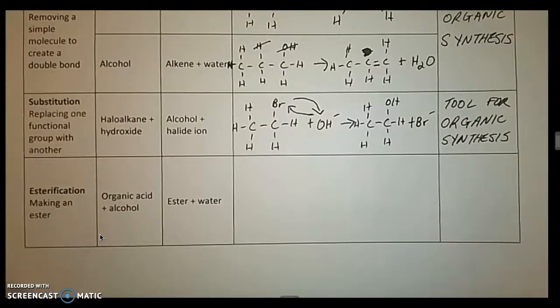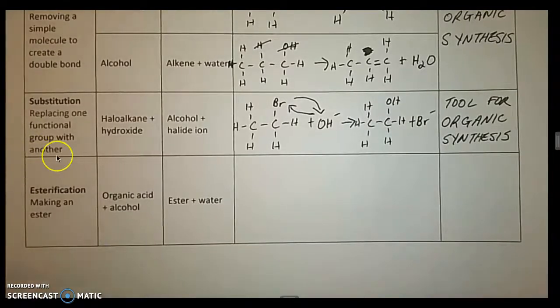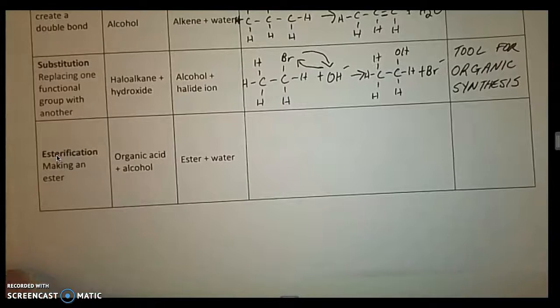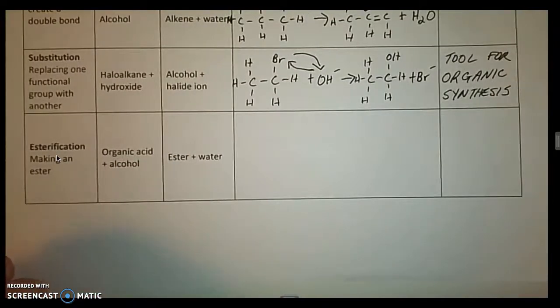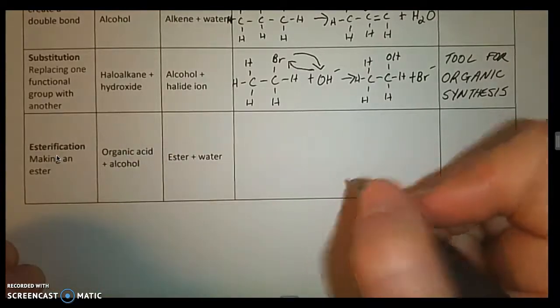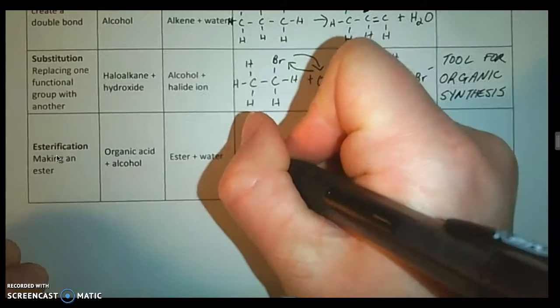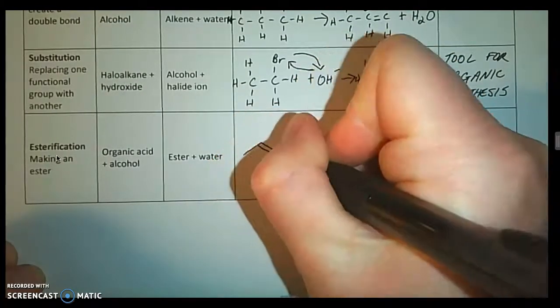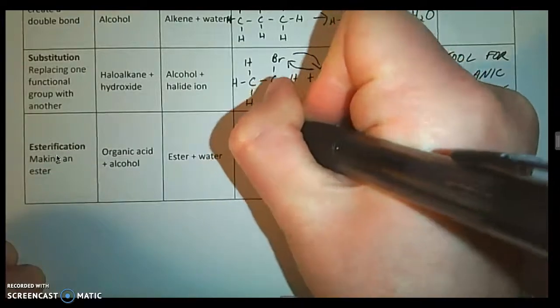Our final type of reaction is called an esterification reaction. It's a reaction that makes an ester, which is one of the classes of compound we talked about. To make an ester, you need to start with an organic acid, something like ethanoic acid.